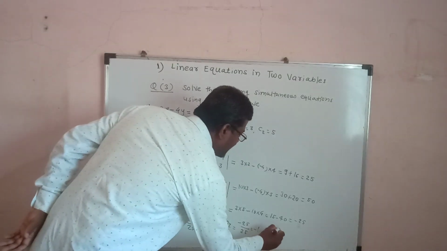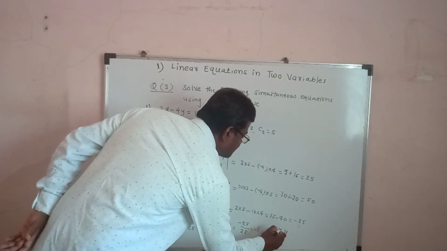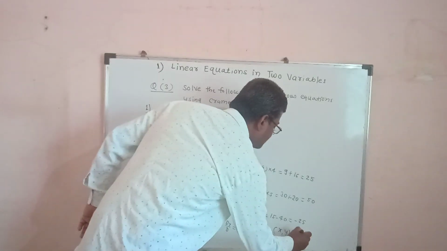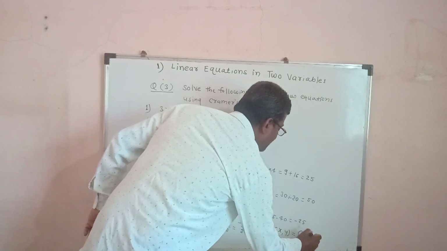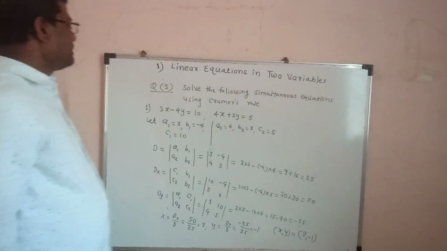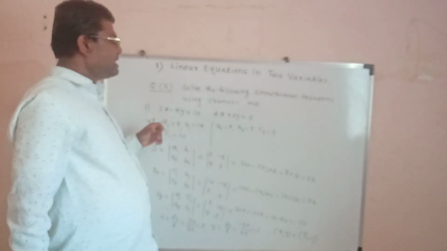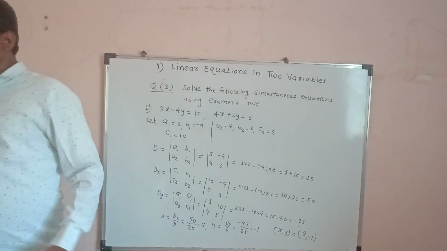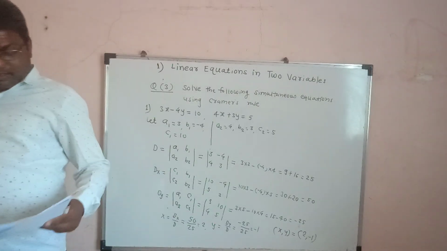Therefore, the solution of these simultaneous equations (x, y) is x is 2 and y is minus 1. In this way, we can solve any simultaneous equations.